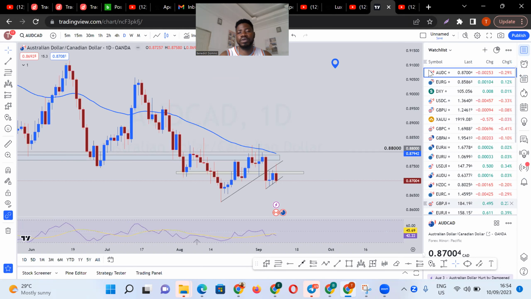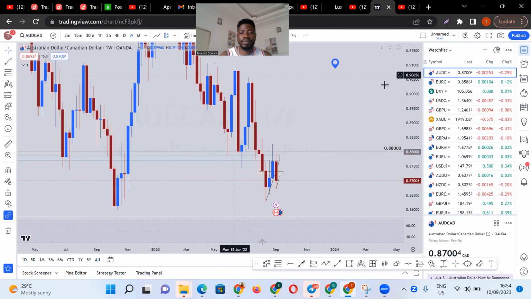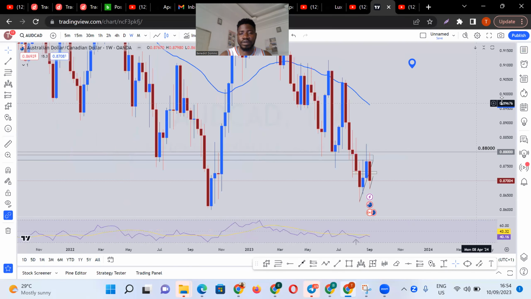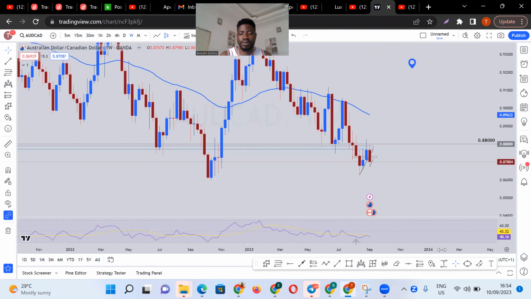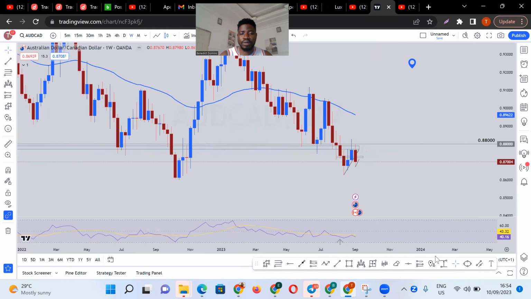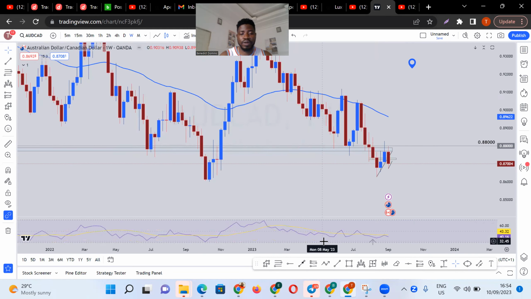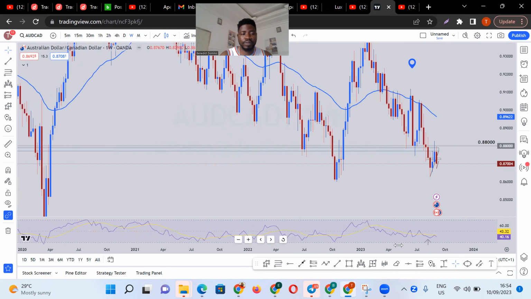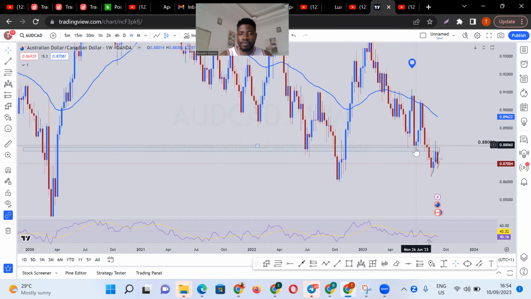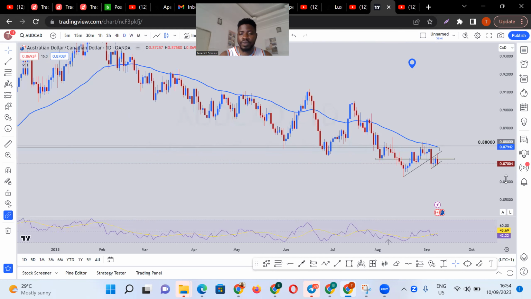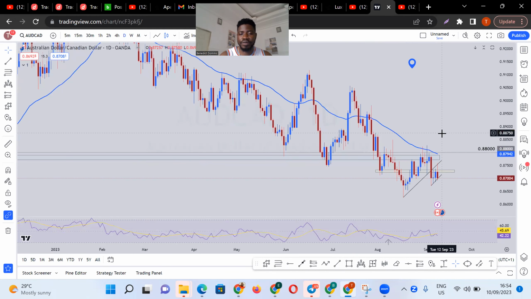On the weekly time frame on this AUD/CAD, we are bearish. This is a lower high. Area of interest, this is support, resistance. On the daily time frame, we are bearish.